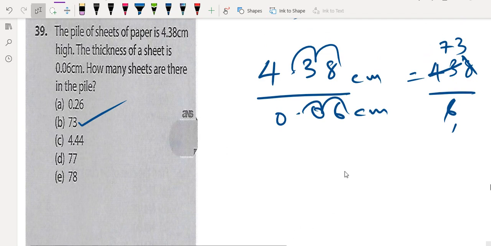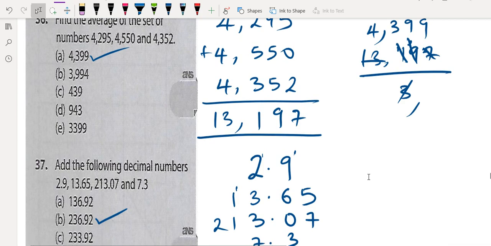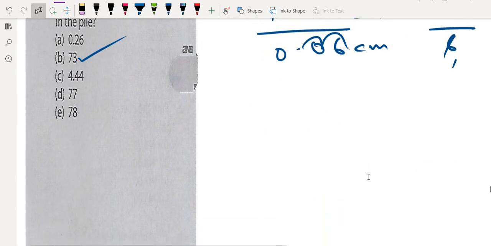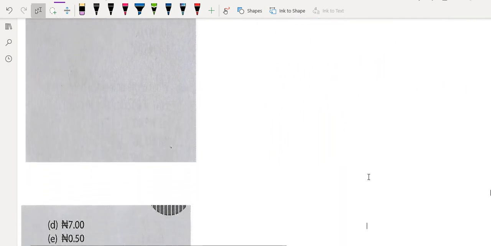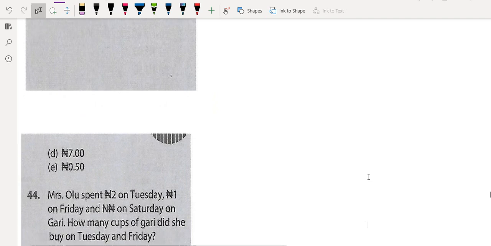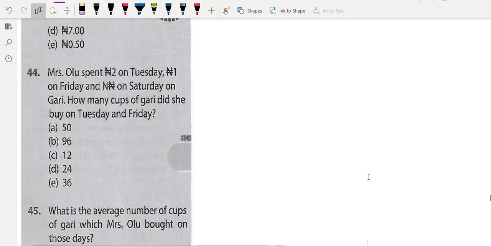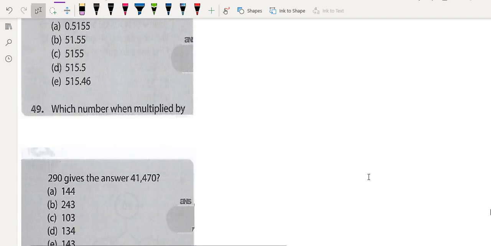I need to remember the exact person. After 11. Mrs. Olu spent. Well, that's question 14.